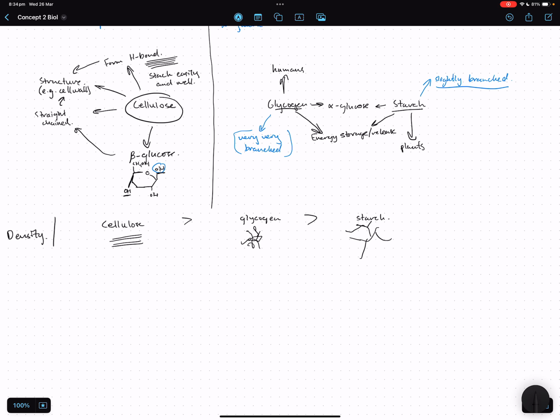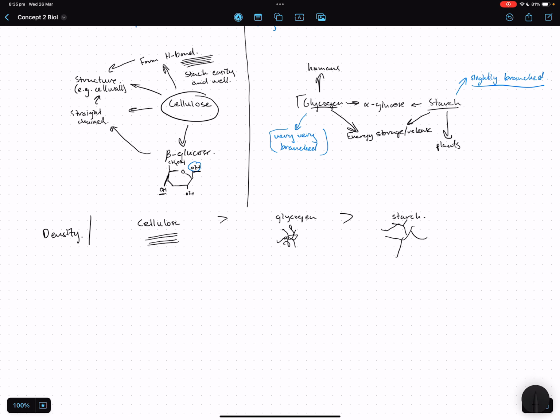Humans can break down starch, and we can break down glycogen, of course, but we don't have the enzyme for cellulose, so it's hard to break down. Also, cellulose doesn't dissolve in these molecules, like they dissolve in water, but they don't break apart. Cellulose especially doesn't break apart because those bonds are really strong.